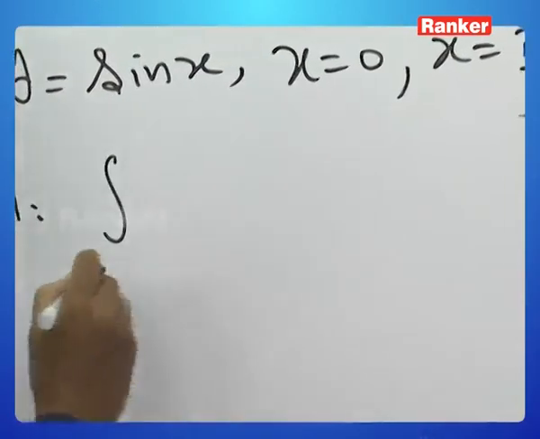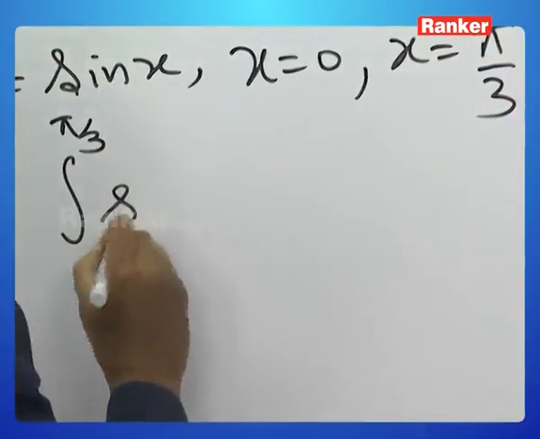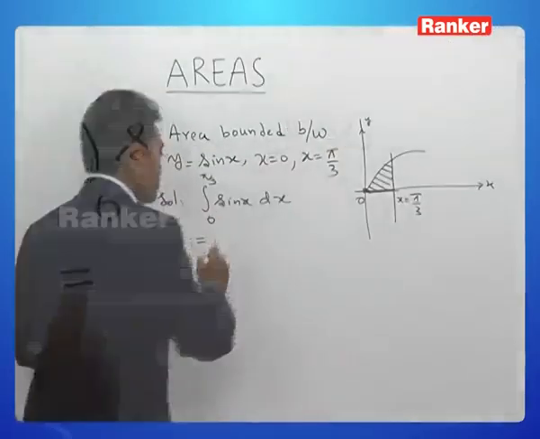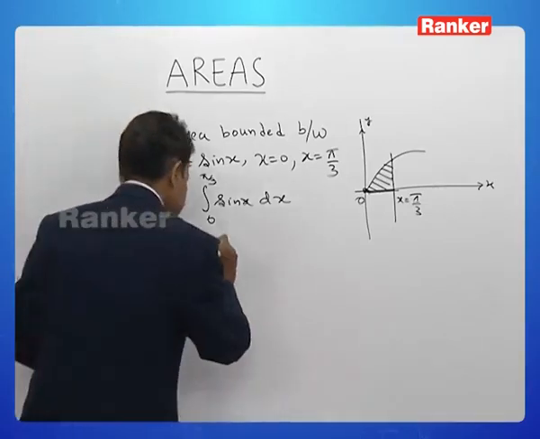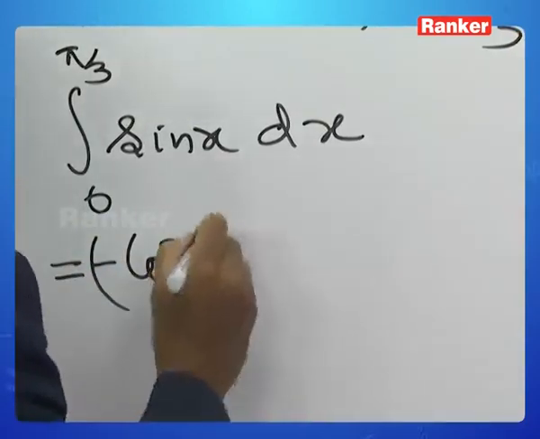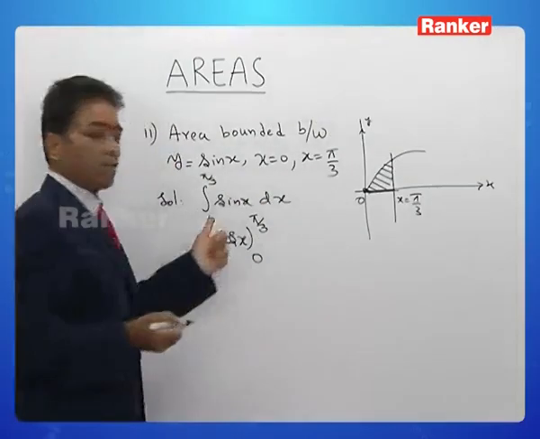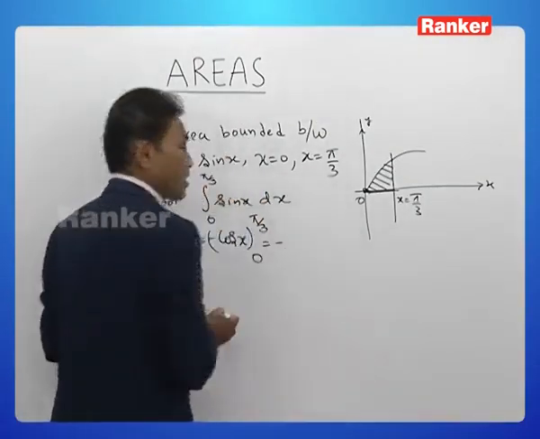Area required, integral 0 to pi by 3 sin x dx. What is the sin x integration? Minus cos x. And let us apply the limits. Now substitute the upper limit, pi by 3, minus cos 60.